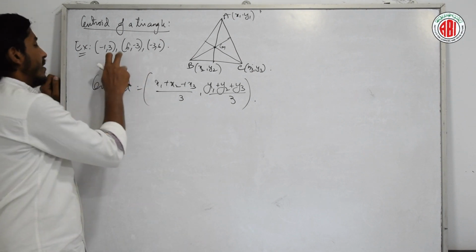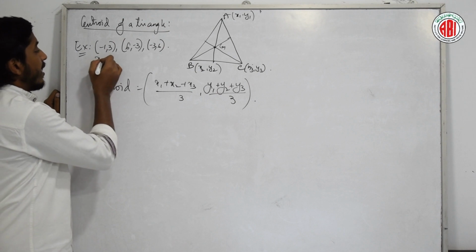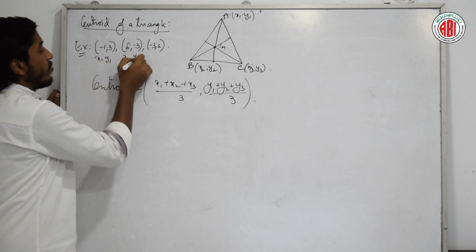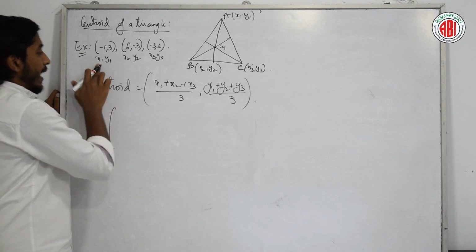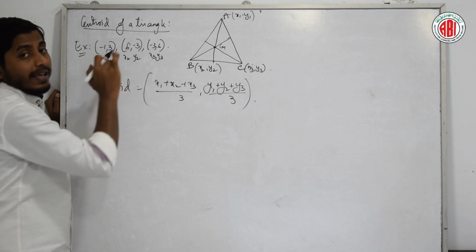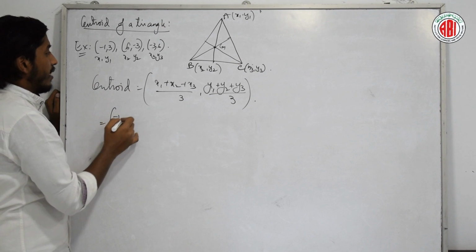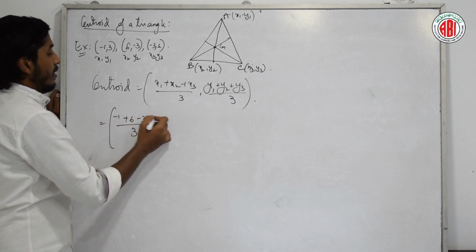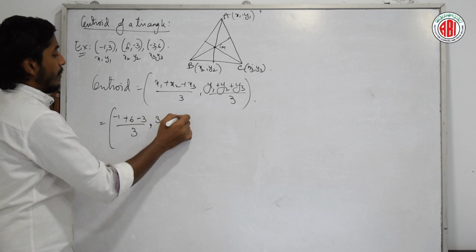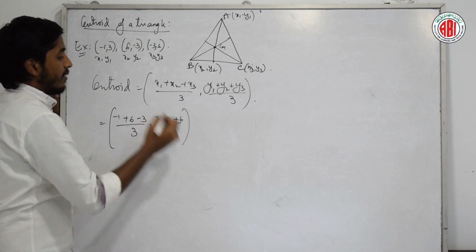See here. This is the question given. This is x1 y1, this is x2 y2, this is x3 y3. What is the centroid? x1 plus x2 plus x3, that is minus 1 plus 6 minus 3 divided by 3, comma 3 minus 3 plus 6 divided by 3.